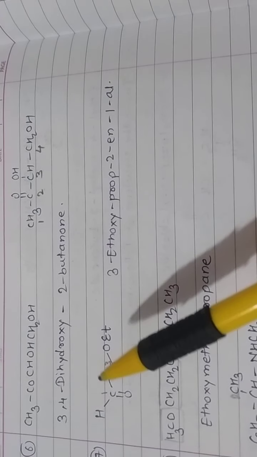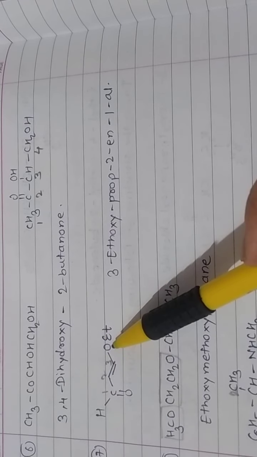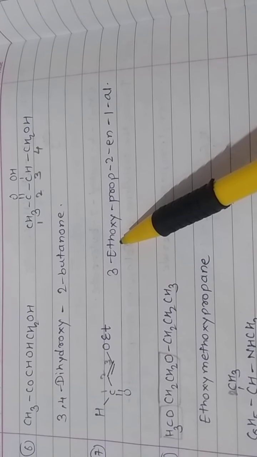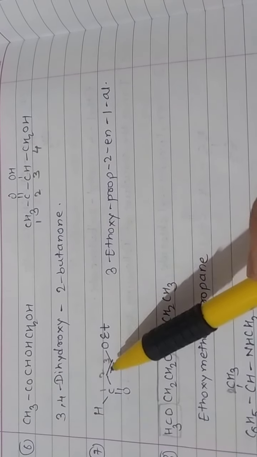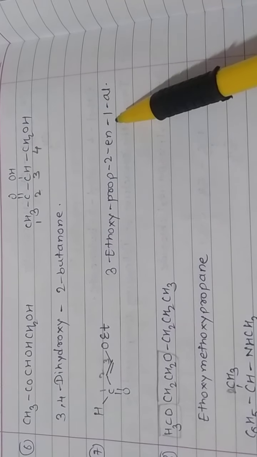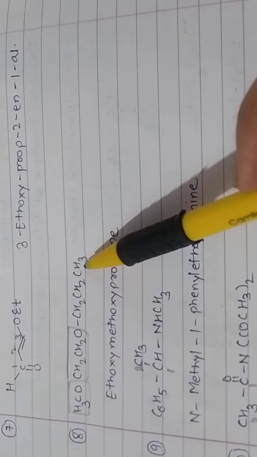Next one. So the aldehydic group is the major functional group. So 1, 2, 3. So 3-ethoxyprop-2-en, because the double bond is in between second and third, and 1-al. So 3-ethoxyprop-2-en-1-al. Next one is this.